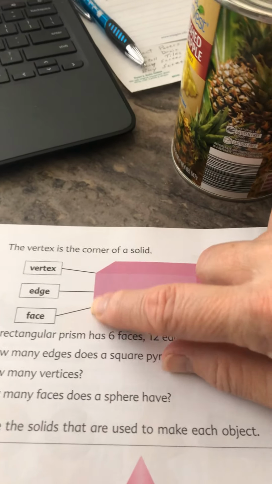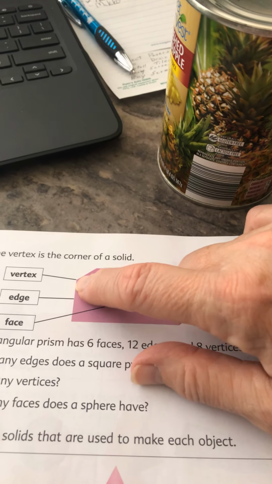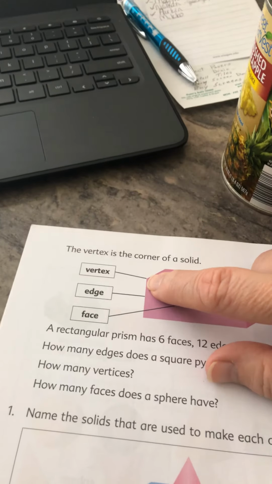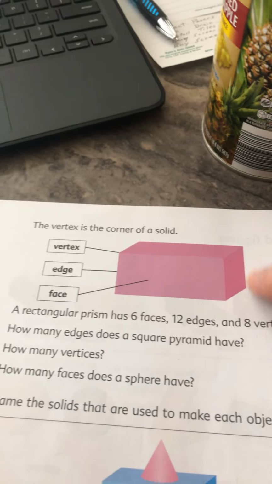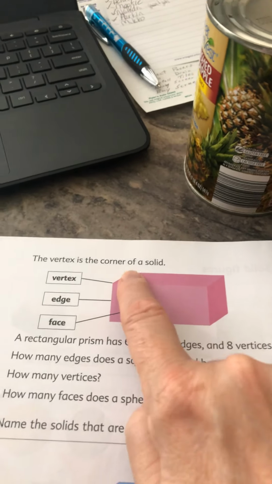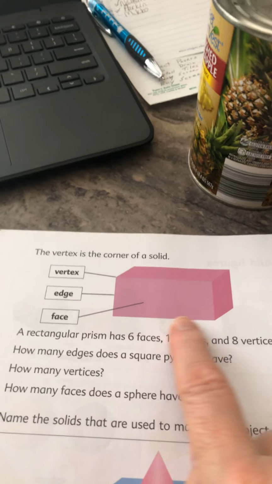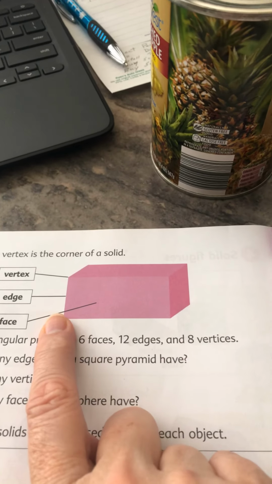Okay? Then you have edges. And edges are where the faces come together and make a line. Okay? So you'd have a line here. You have a line here, you have a line back here, you'd have a line back here, you have a line up here on the top, another line here, another line here, a line in the back, a line here, and a line on the side, okay? Let's look at the tissue box.